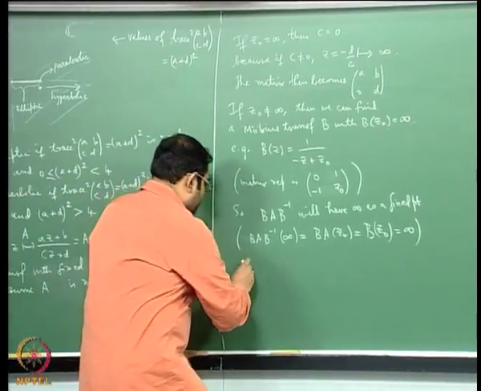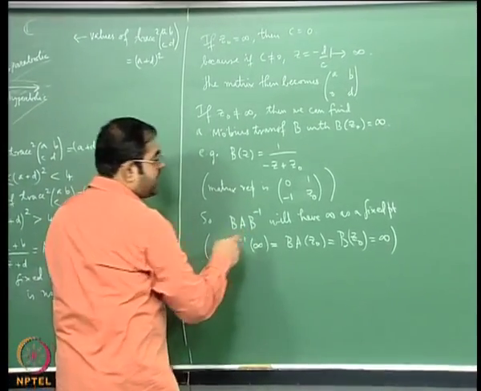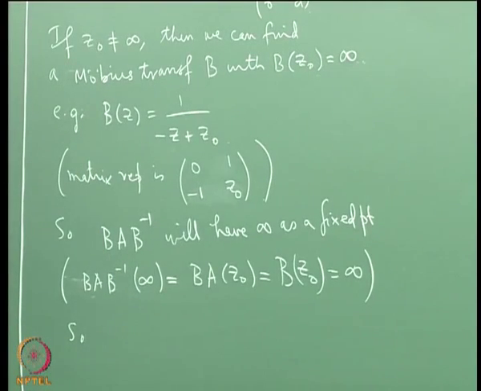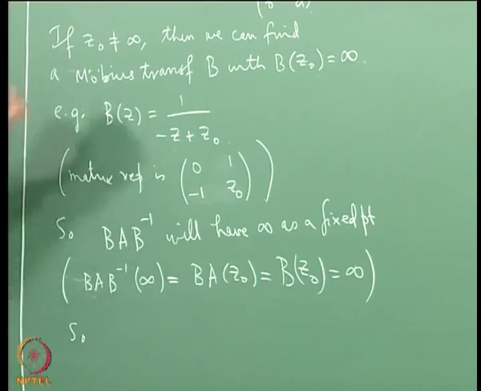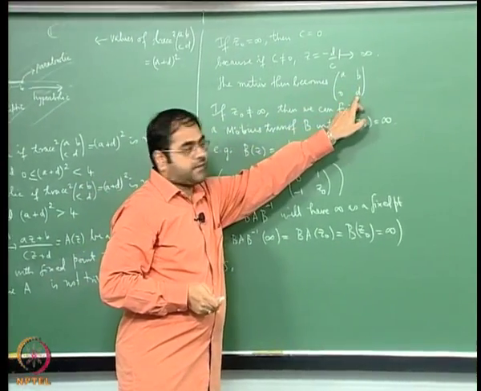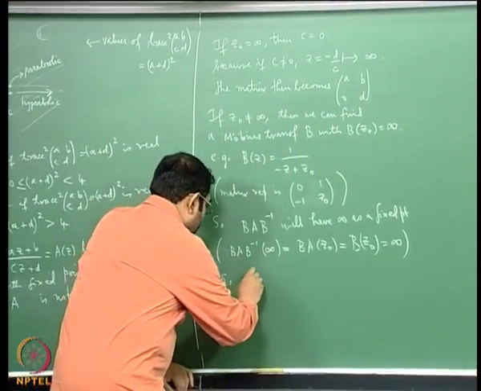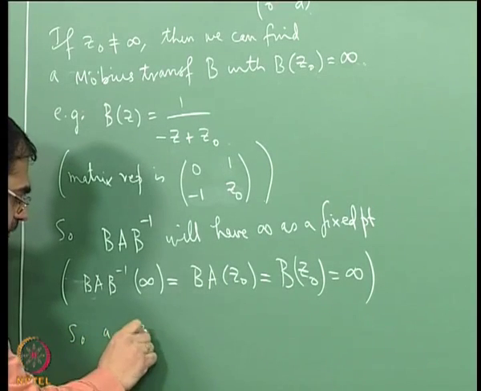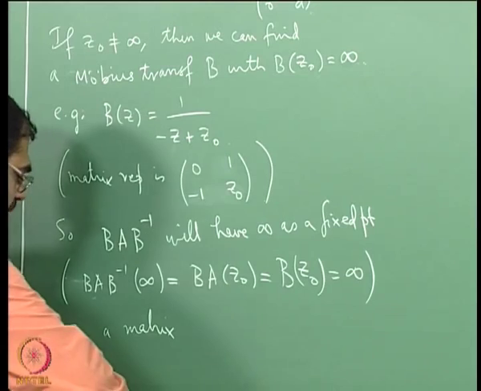So this means that if I write out B A B inverse, its matrix form should look like this.